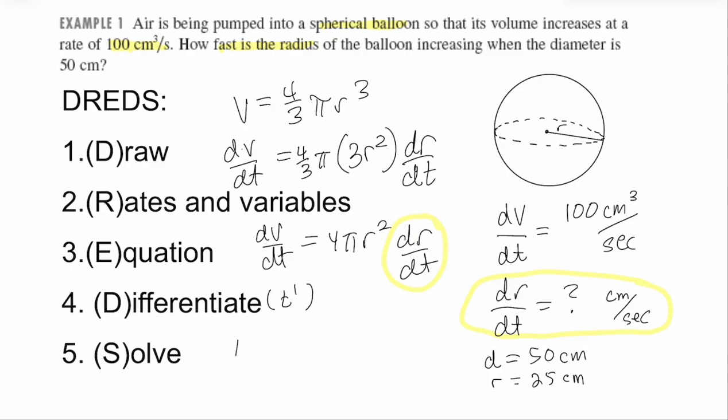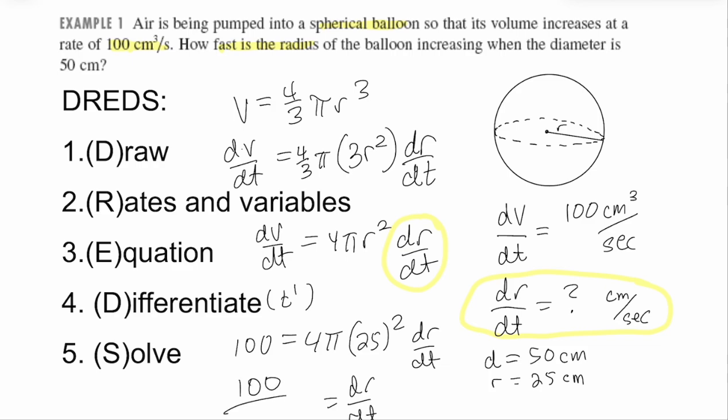So I should have enough information to substitute numbers for the other things. dv/dt I know was 100. R, at the exact moment I'm looking for, is 25. So you'll notice I can solve for dr/dt now, and that will give us the answer that I want. So dr/dt is 100 divided by 4 pi times 25 squared.